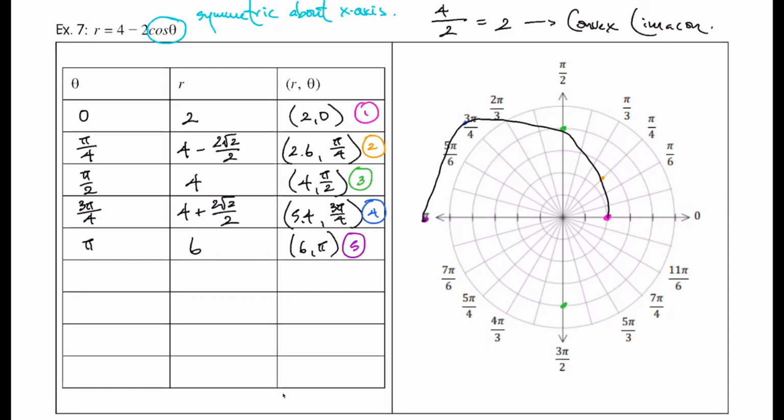Then I don't need to go and find all the other values. The other points that I've drawn right now, I could find from the table, or I could say, hey, I know this is symmetric about the x-axis, so let me just plot the top half, and then I can just reflect it and draw the bottom half. I don't know if this bottom half is going to go much better here, but we'll see. Definitely not.